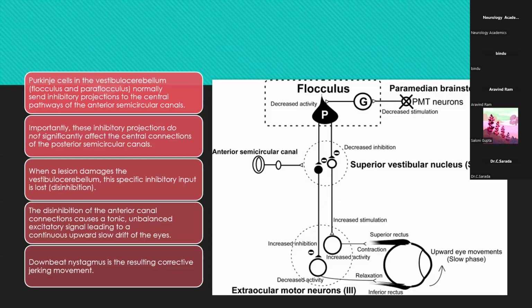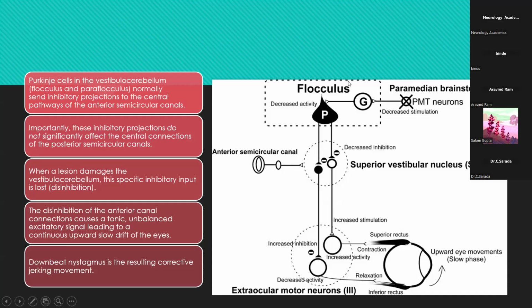And when a lesion in the vestibulocerebellum occurs, the inhibitory signals to the anterior semicircular canal will be much more lost, and cause a tonic unbalanced excitatory signal, which is leading to upward slow drift of the eye. When the anterior semicircular canal inhibitory signals are lost, it will be excited, and that will cause upward drift and a saccadic downward, a down gaze saccade.